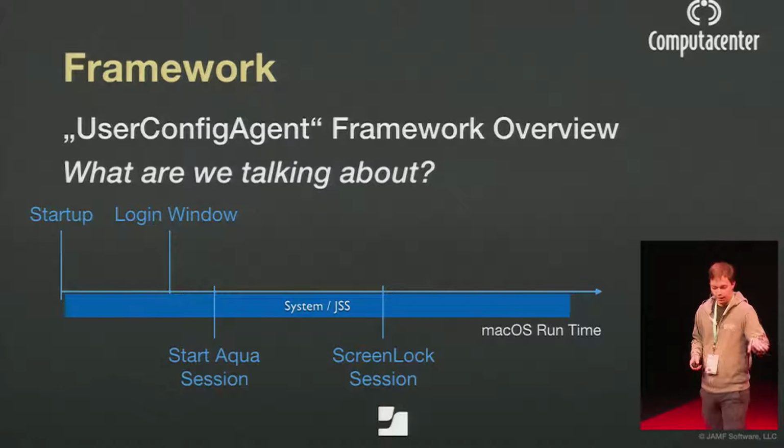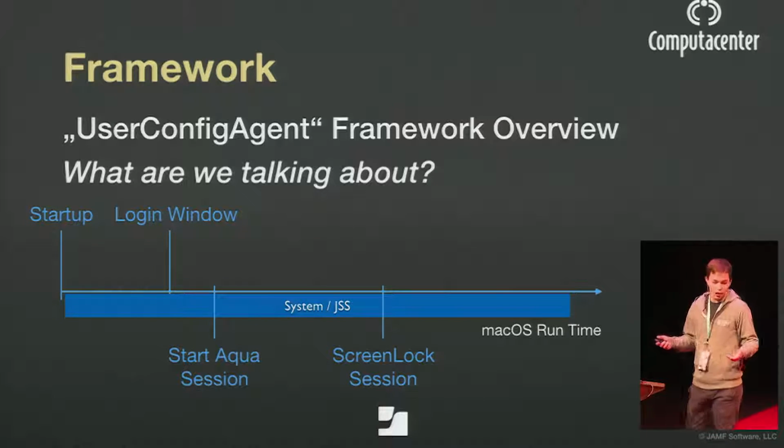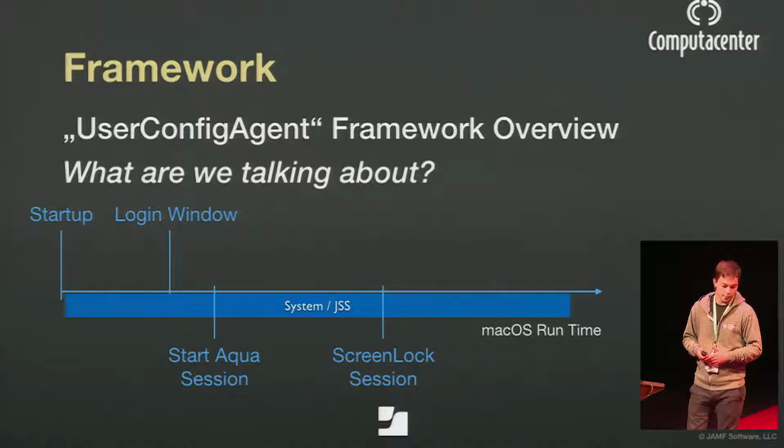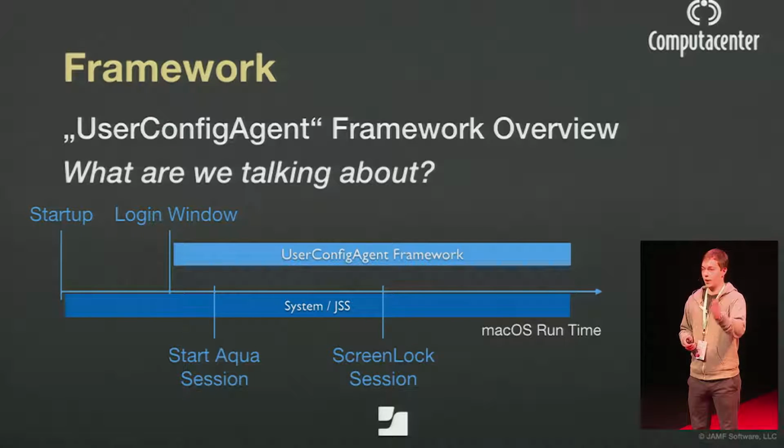That's something in the macOS runtime Jamf and Apple are doing for us. We can execute policies on startup, on shutdown, on login, on logout. That's fine. But what we are focused on, the user configuration framework, starts at the login window and stops if you log out of your Aqua session.